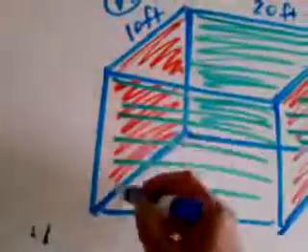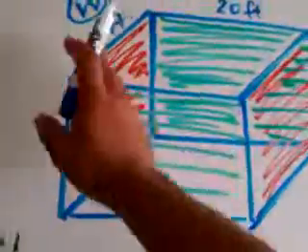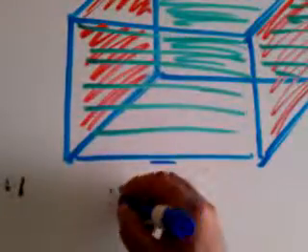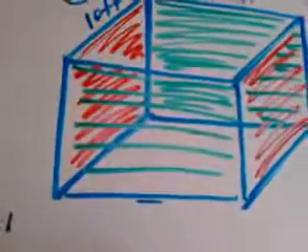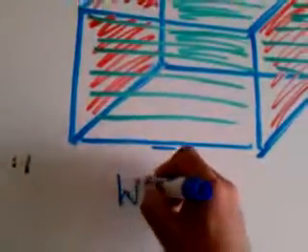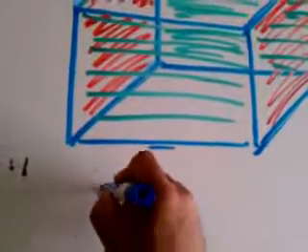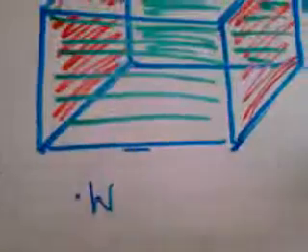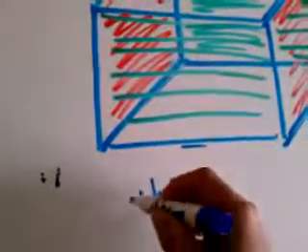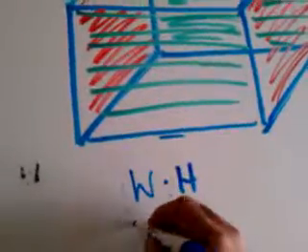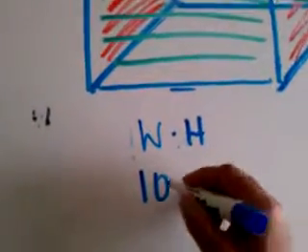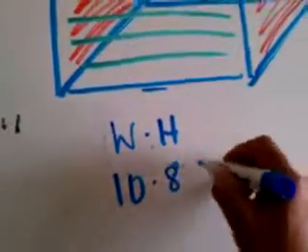This wall, my west wall and my east wall, the formula to find the area is really like finding the area of a rectangle. We're going to take the length times the width. In this case, we're going to take the width times the height, actually, because we know that it's 10 feet wide and it's 8 feet high.